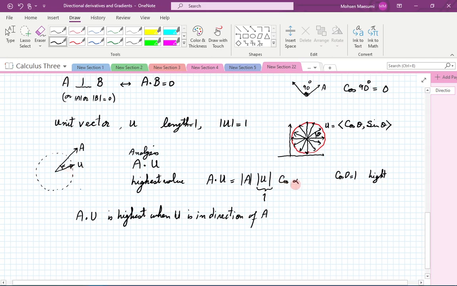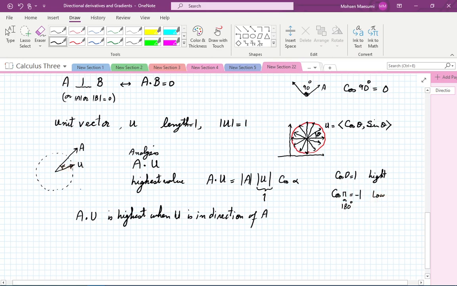Well, what's the lowest value of cosine of alpha? Do you remember from your trigonometry what angle it is and what value it is? When is it that cosine becomes -1? Cosine of pi, or 180 degrees, however you want to express it, this is the lowest value.